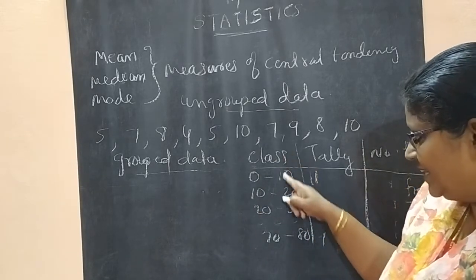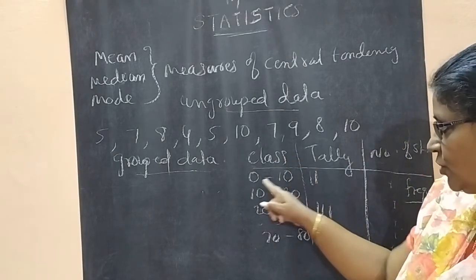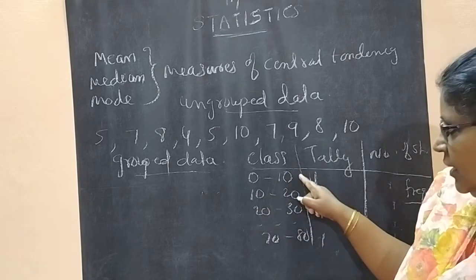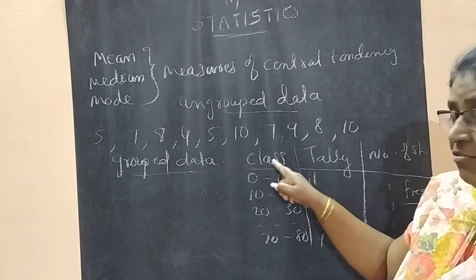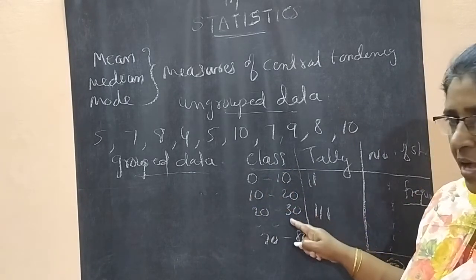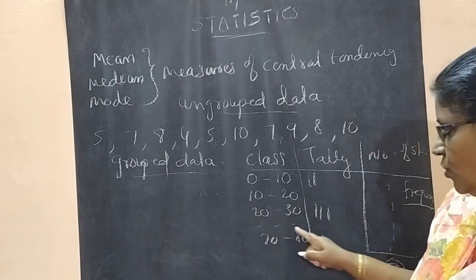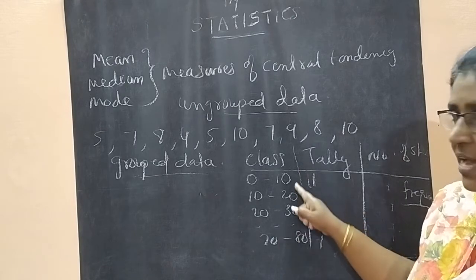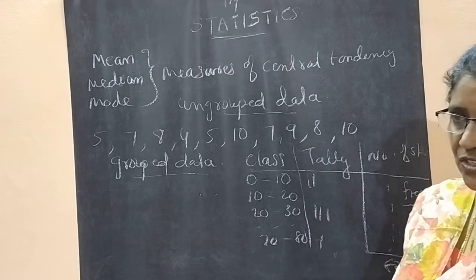If we write classes like this, 0 to 10, 10 to 20, 20 to 30, like that, 0 to 10 is called the first class, 10 to 20 is called the second class, 20 to 30 is called the third class. So these are the different classes.